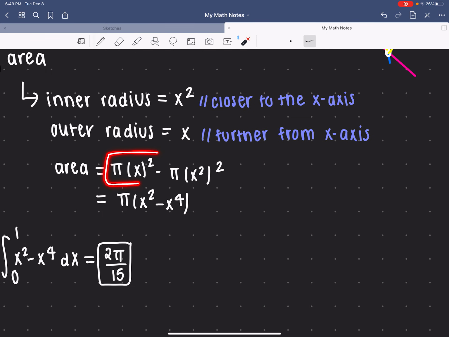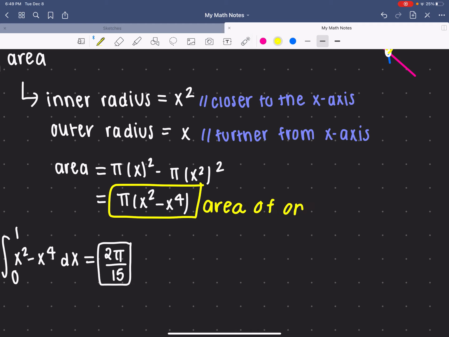The area of the big circle is pi times x squared, where x is the radius of the big circle, minus the area of the smaller circle, which is pi times (x squared) squared, where x squared is the radius of the smaller circle. When we simplify that, we get pi times (x squared minus x to the 4th). So this is our area of one washer.